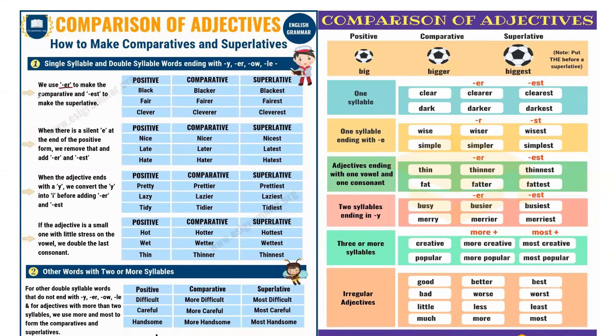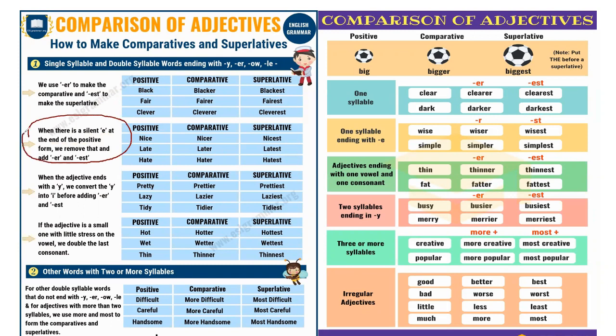You have to use er to make comparative, or est to make the superlative, right? For example, you have the word black, it becomes blacker, and it will be blackest if it's superlative. Blacker is for comparative and superlative is blackest. Or you have the word clever, it becomes cleverer and it becomes cleverest, right?